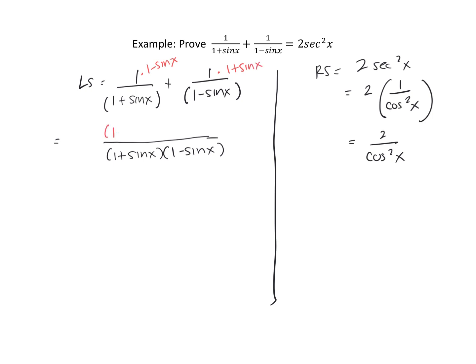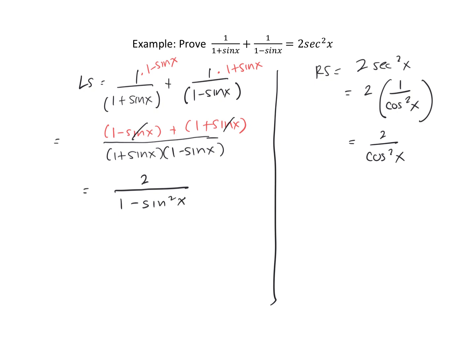So I would have 1 minus sine x plus 1 plus sine x. In the numerator, I'll collect like terms. So 1 plus 1 is 2, and minus sine plus sine is 0. And if I expand the denominator, I get 1 minus sine squared.